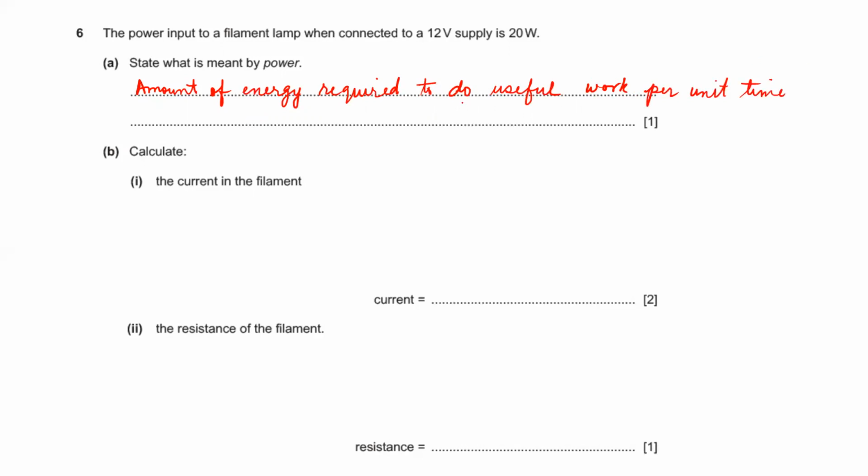Okay, the amount of energy required to do useful work per unit time is called power. It's up to you how you want to write it. So this is how the overall definition of power comes out to be.